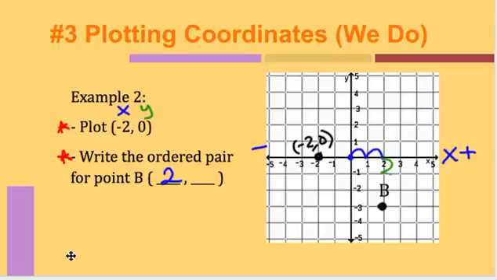Now as I move down to my y value, I know that the y value is going to be negative, and then I move 3 spaces, so it's going to be negative 3. You'll also see these numbers right here, positive 2 and negative 3. So I'm going to label that point as well, 2, negative 3.